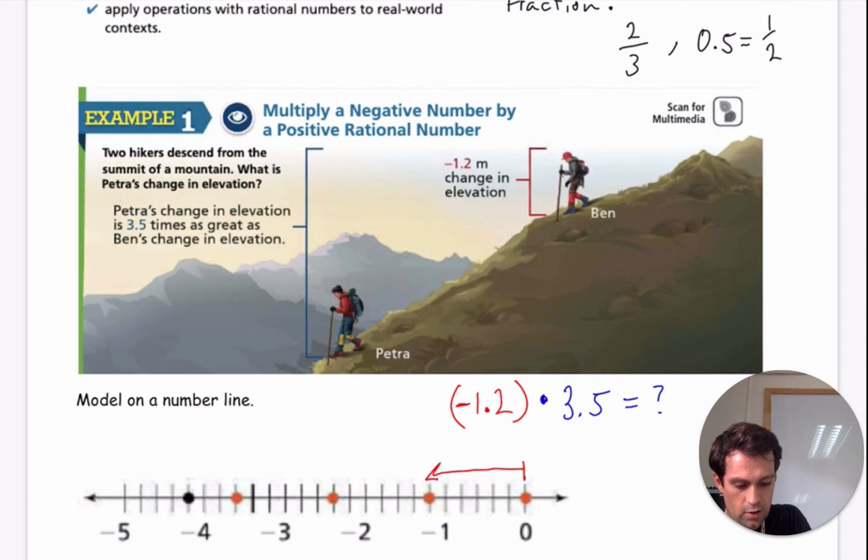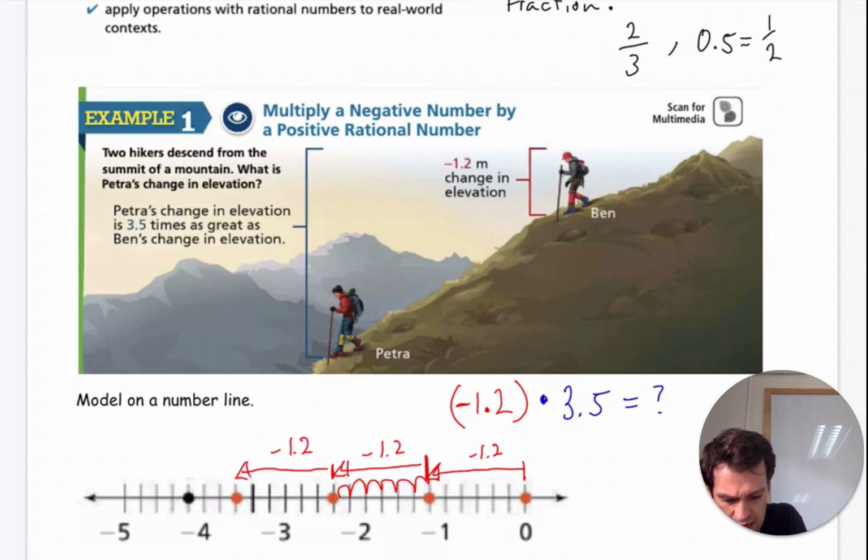So we can say Ben has gone down negative 1.2, and then negative 1.2, and so on, 1, 2, 3. Then this isn't a full 1.2, he's gone down, this is actually minus 0.6, because this would be 0.2, 0.4, 0.6.